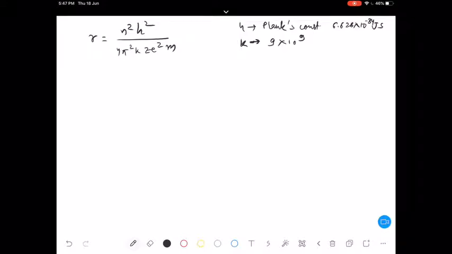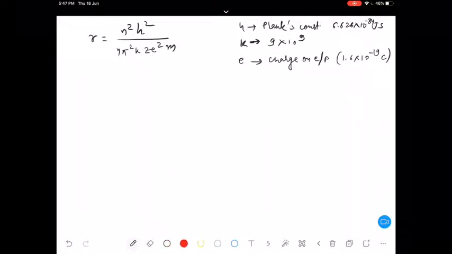Then the Z value will depend upon the element which we have taken. Next e, that is the magnitude of charge present on an electron or proton. We can write it as 1.6 into 10 to the power minus 19 coulomb.